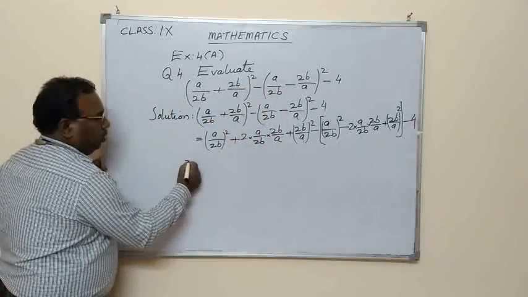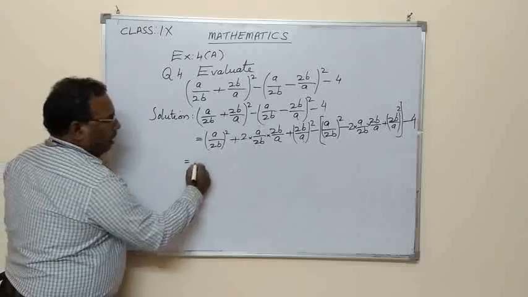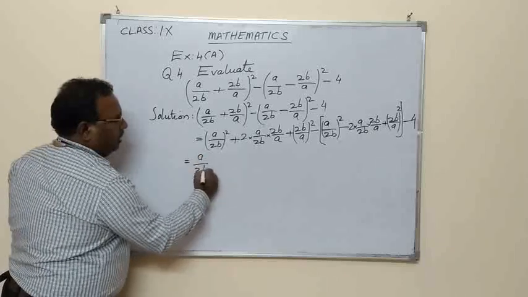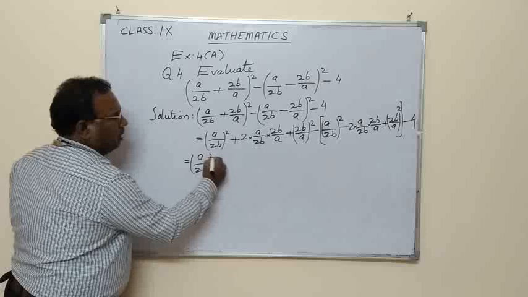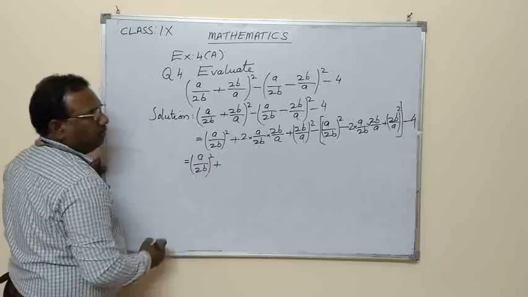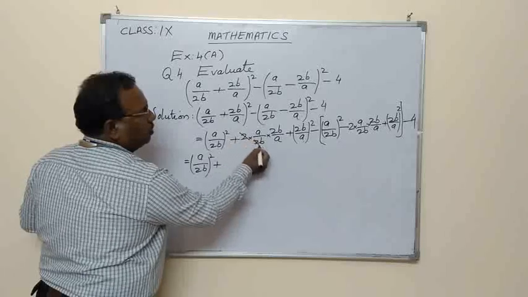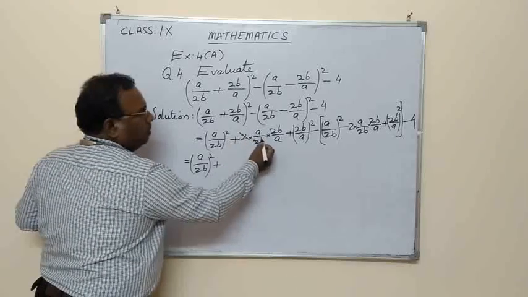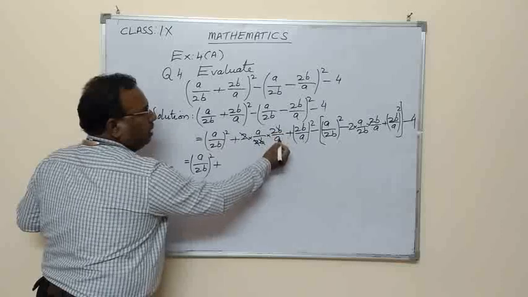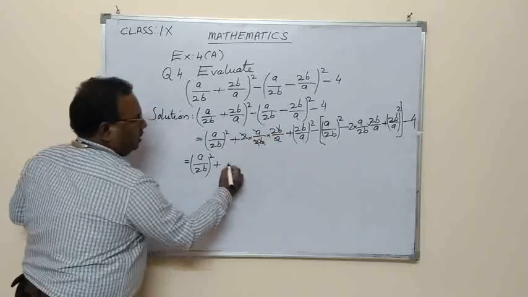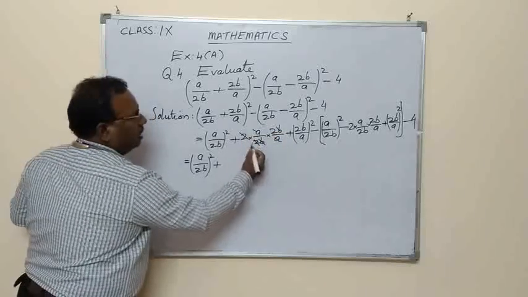Again, this is equal to (A divided by 2B) all square plus, here we can cancel this 2 and 2, B, B, A and A, then we get here 2.